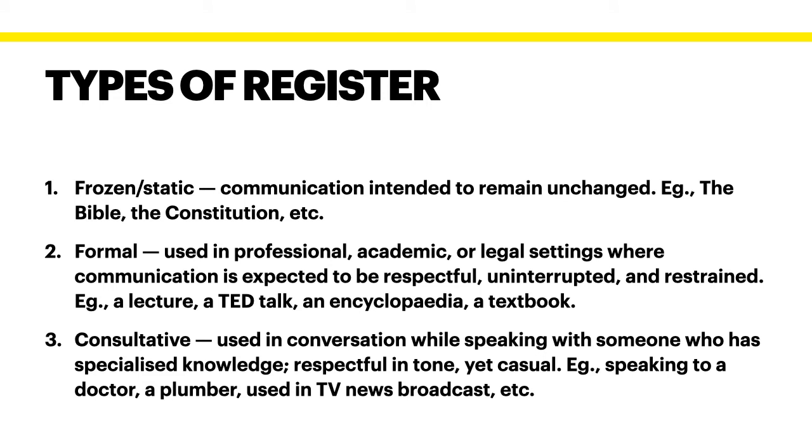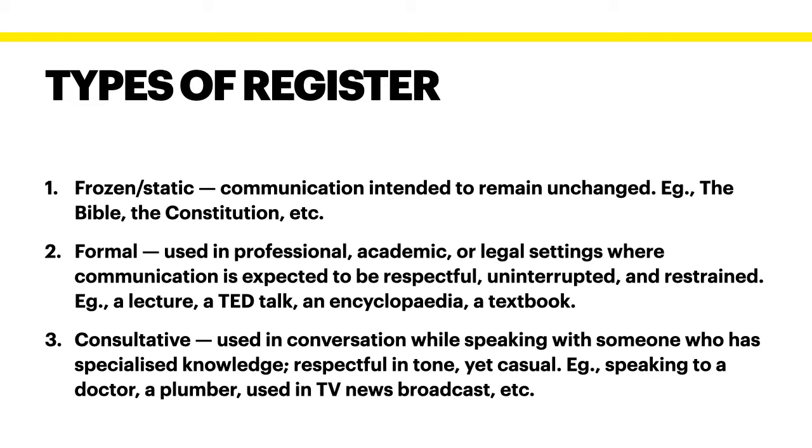So the variety of language that is used for such communications that are supposed to remain unchanged is called frozen or static register. That is the most formal type of register. The second type of register is called formal register, which is again very formal but slightly less formal than the frozen or static.